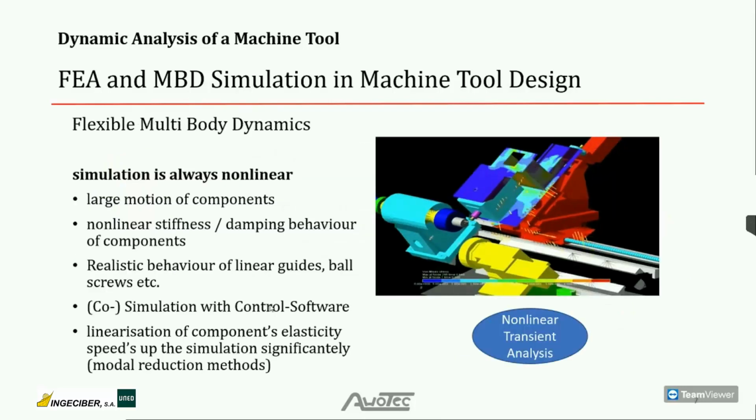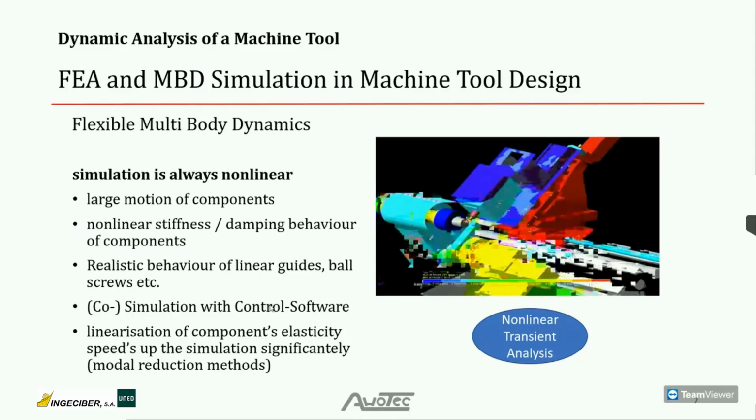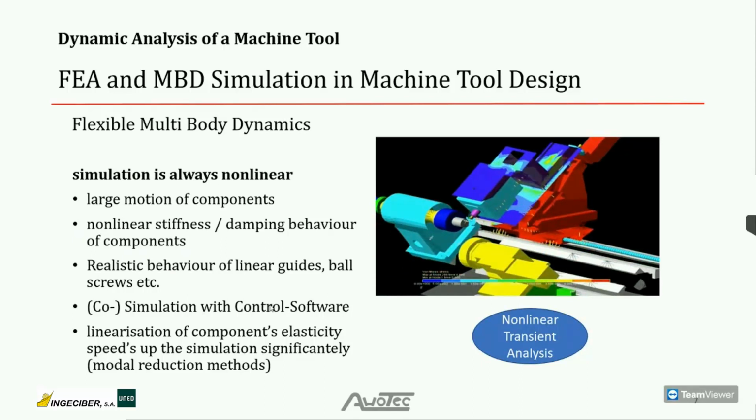For example, the so-called flexible multi-body dynamic analysis. In a flexible multi-body dynamic analysis, the simulation is always nonlinear, which means that we can simulate large motion of the components, as this is typical for manufacturing processes.